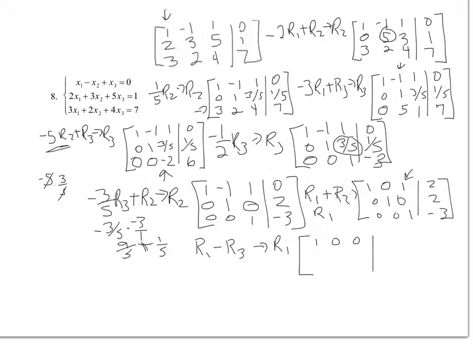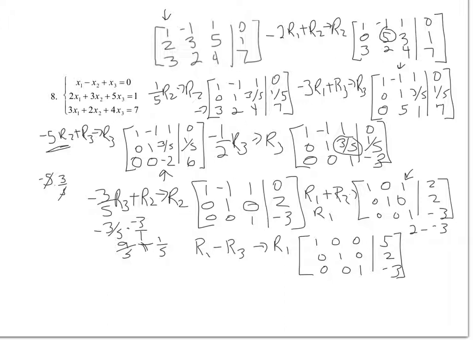If I take 2 minus negative 3, watch your signs. 2 minus negative 3 turns into 2 plus 3, which is 5. 0, 1, 0, 2, 0, 0, 1, negative 3. I now have this in reduced row echelon form.